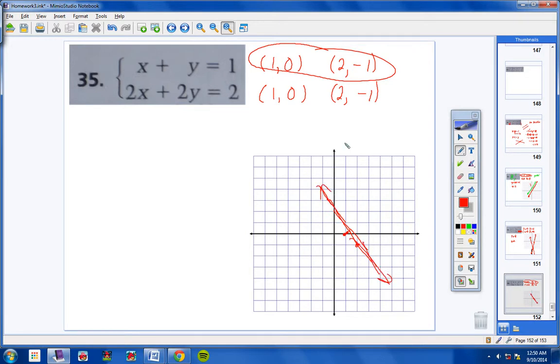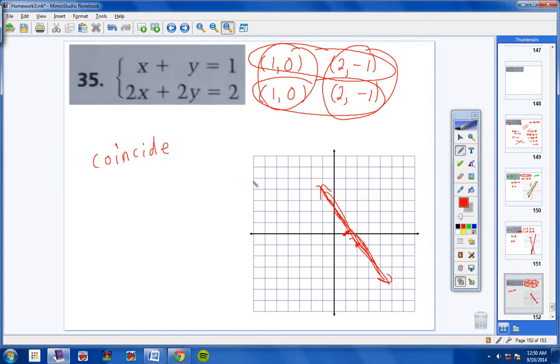If I plot these 2 points right here, they're going to fall right on the exact same points, and I'm going to get the exact same line because these 2 points are the same and these 2 points are the same. So what do we say? We say the two lines right here, we say they coincide. Okay? They coincide. So these two lines coincide.